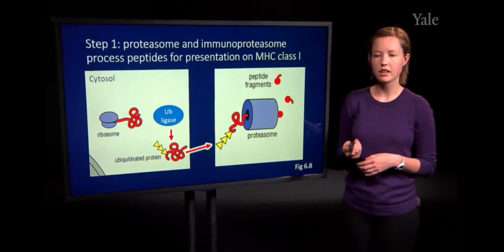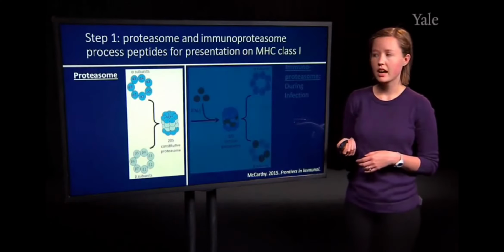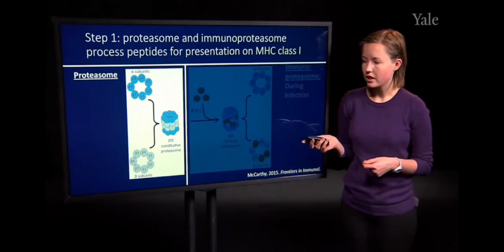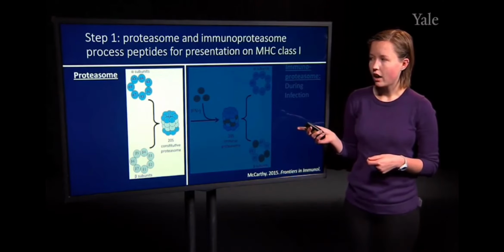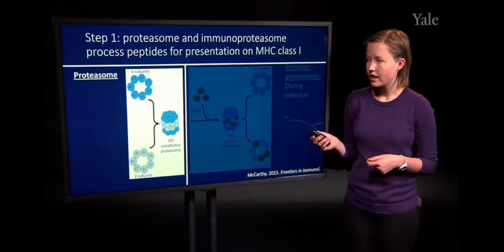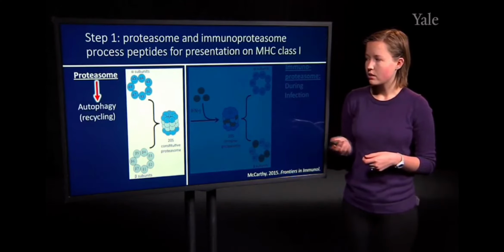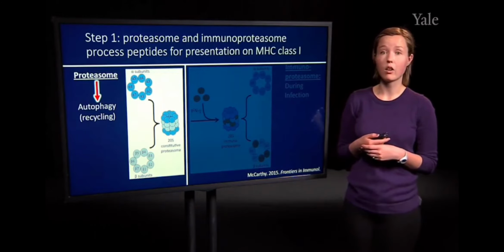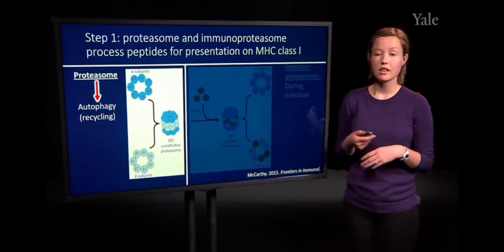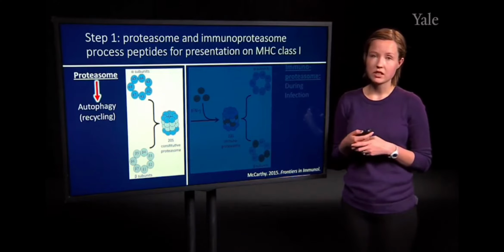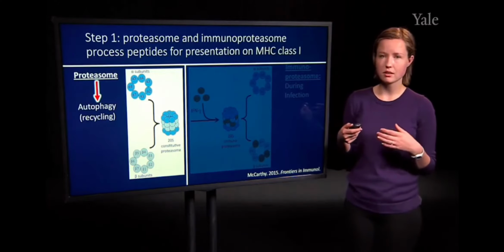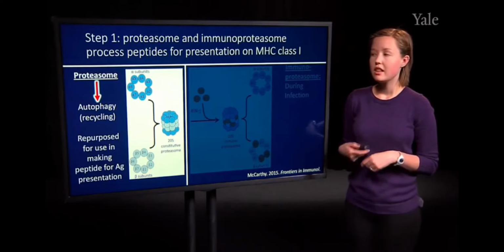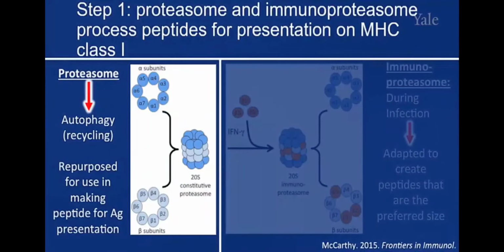And so when we look at the proteasome, there are 2 different types of subunits, the alpha subunits and beta subunits. Something that I wanted to point out is that the proteasome is acting all the time within cells. So during autophagy, in which cells will recycle their proteins to make new proteins when they no longer need the old ones, this is a way for the cell to repurpose those amino acids.